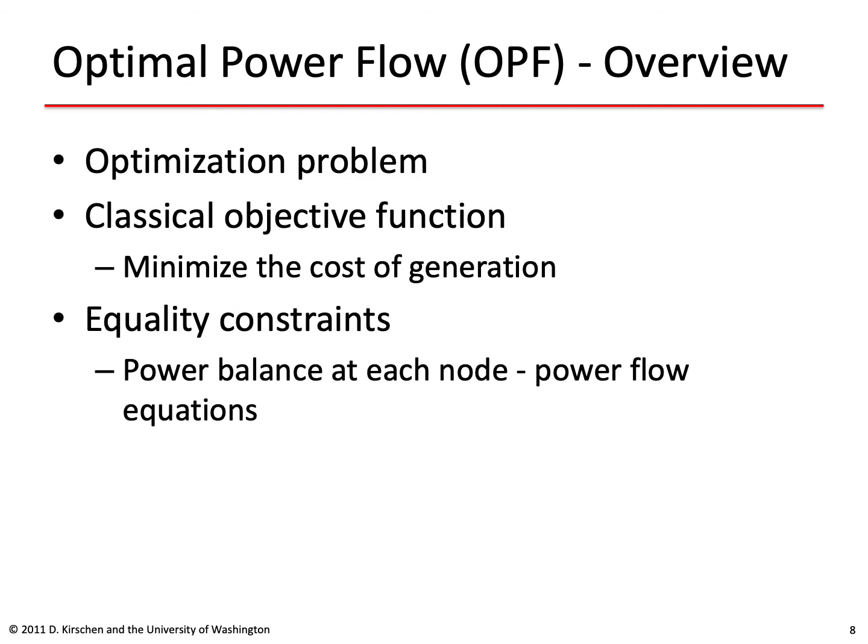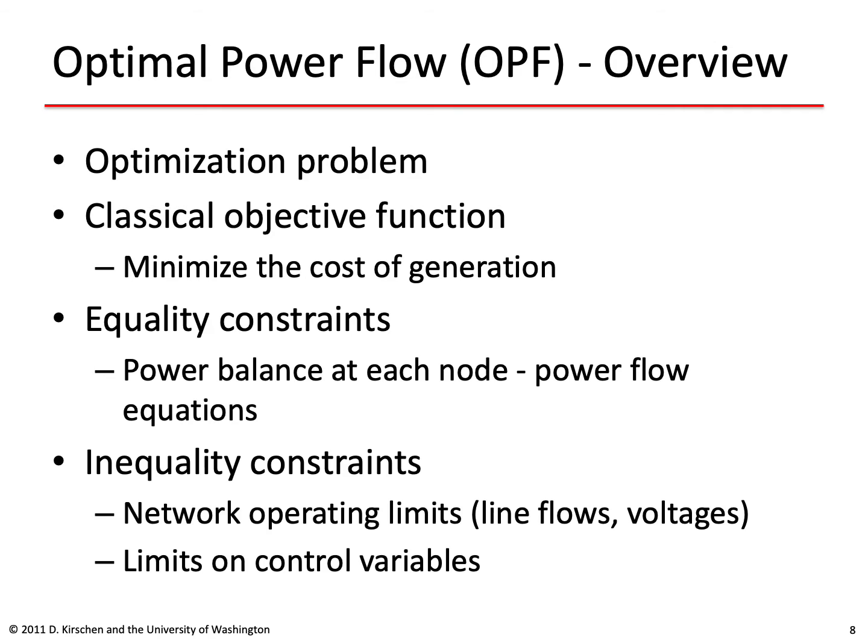We also have equality constraints, and instead of having a single generation load balance for the whole system, we will have a power balance equation at each node, and therefore these power flow equations will become our equality constraints. We will also have inequality constraints, which will reflect the network operating limits in terms of line flows and voltages, and we will also have any limits that we might have on the control variables.